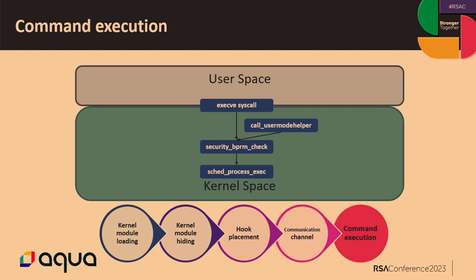By using call_usermodehelper, attackers are able to spawn new process execution in user space without being monitored and without being detected. So we placed hooks upon all of those, specifically on the sched_process_exec, because it's the last one. Now we're able to see if a process execution happened from the user space or from the kernel space.